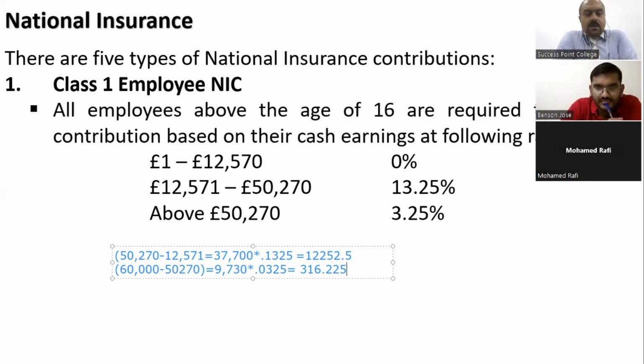This Class 1 employee NIC is based on that income. You must be able to apply these rates. Up to 12,570, there is nothing. Above 12,570, up to 50,270, the rate is 13.25%, and anything above 50,270, the rate is 3.25%. You have to break the income into different bands. This is called Class 1 employee NIC.